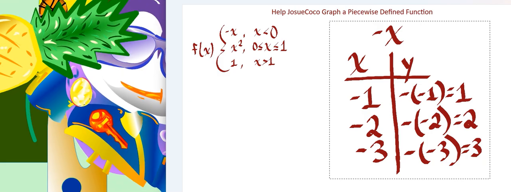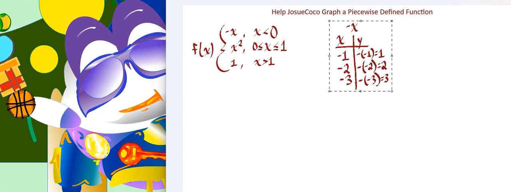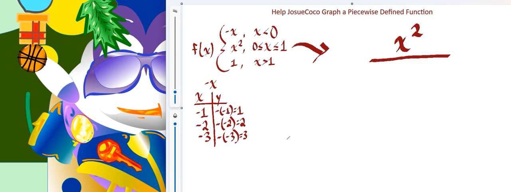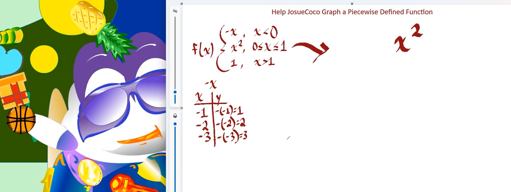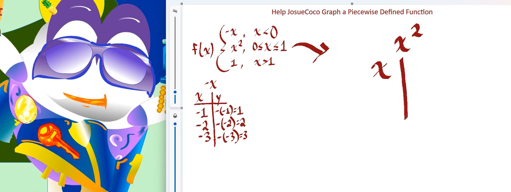Let's make some space here and move on to x squared, x to the second power. On the left side, we'll place our x values, and on the right side, we'll place our y values.